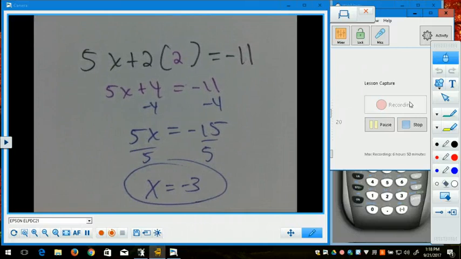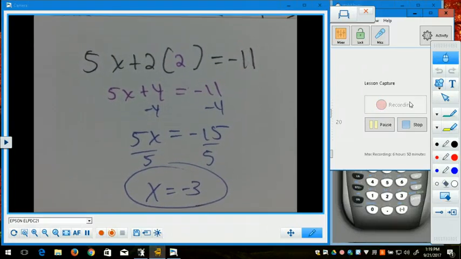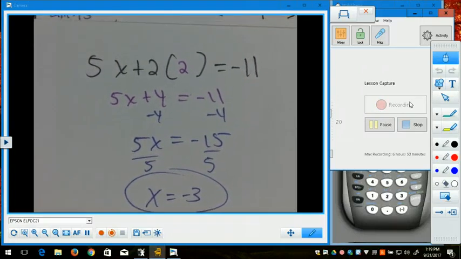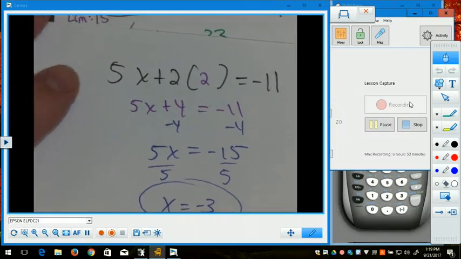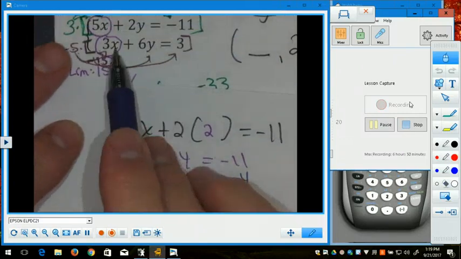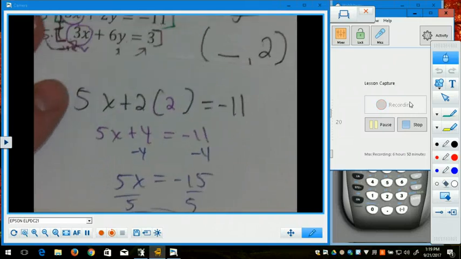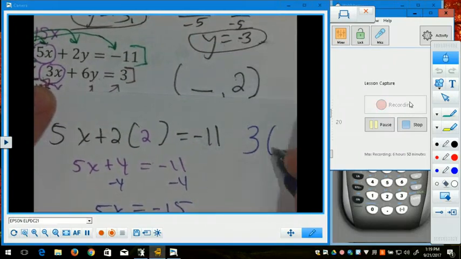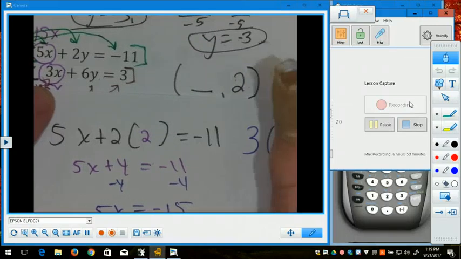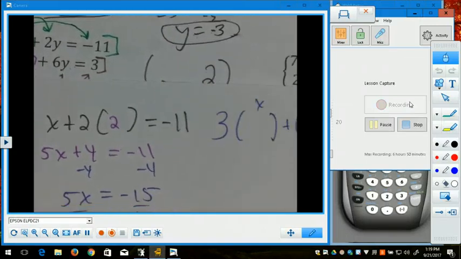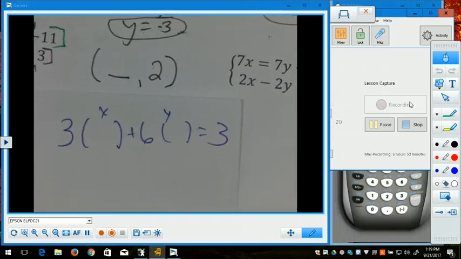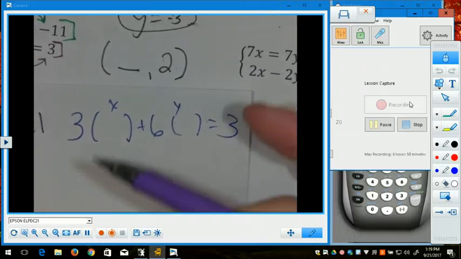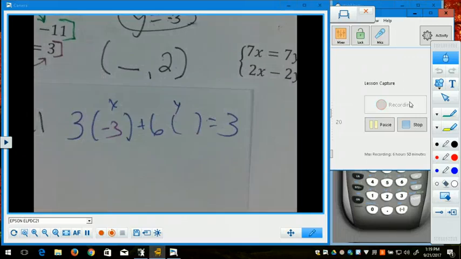Now, it's nice when they turn out to be whole numbers, but it is possible for them to be fractions. We just want to make sure that the other equation, this one, is also going to be x equals negative 3 when y is 2. You could plug this in if you want. I've got 3x plus 6y equals 3. Well, we already know from what we just solved, we think our x is negative 3.